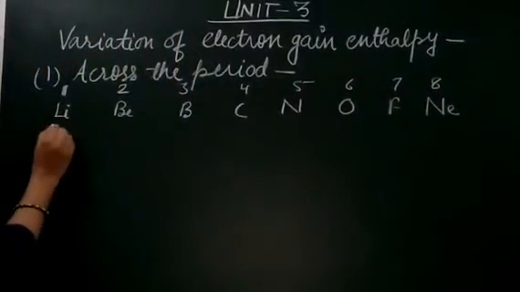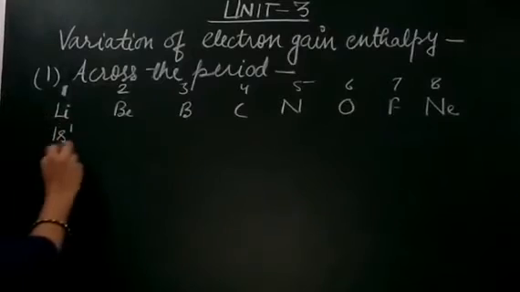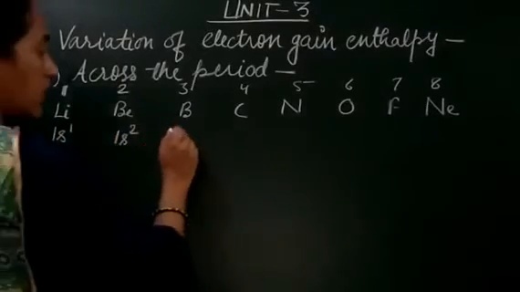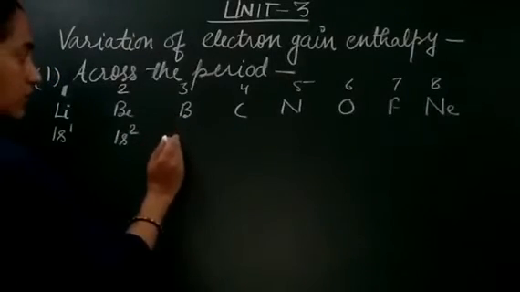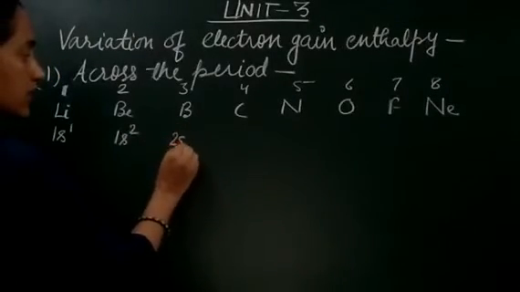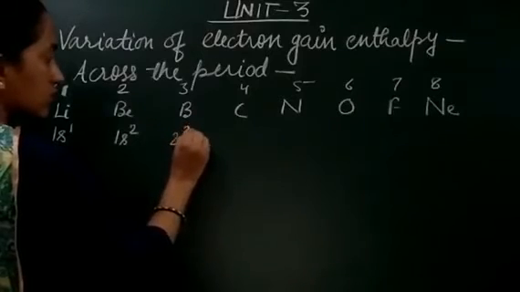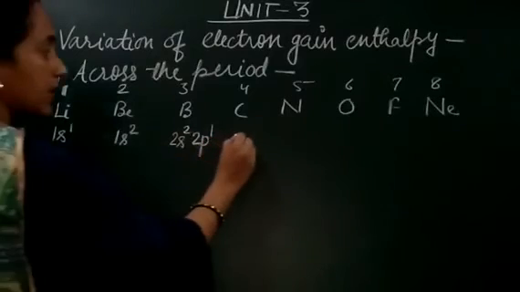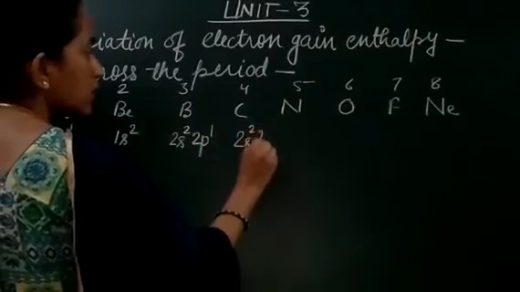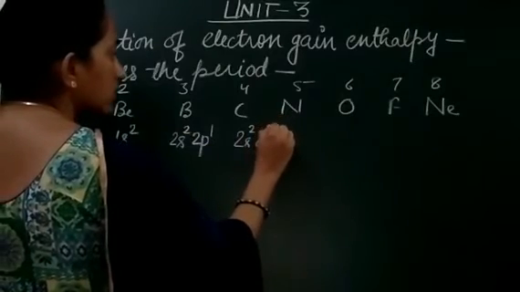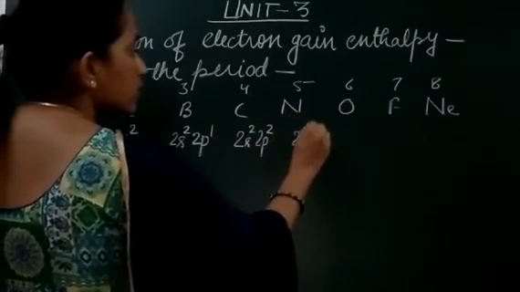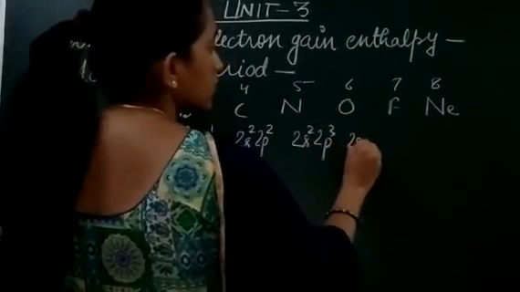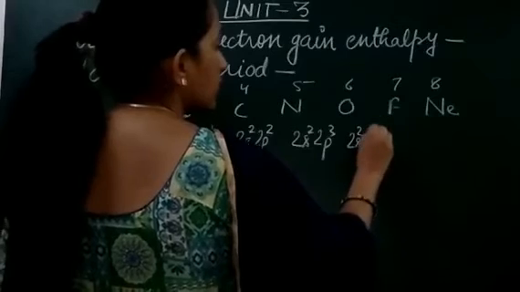Right? Here the configuration is 1s1. Here it is going to be 1s2. Now when we come here, I'm writing its outermost shell configuration. So it is 2s2, 2p1, 1s2 is completely filled up here. In the same way, this will be 2s2, 2p2. This is 2s2, 2p3. Oxygen is 2s2, 2p4.